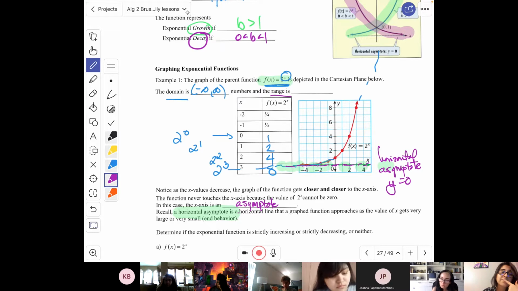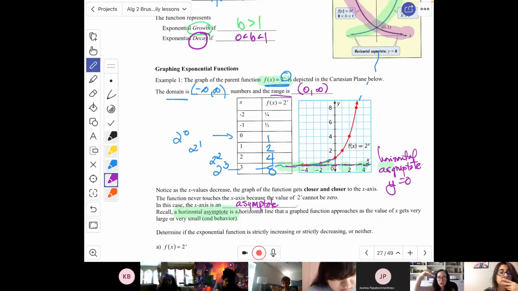Nathan, do you know? Can you tell me the range? Is it 0 and then infinity? It is, and it is not including 0 because it never touches it. Good, good.